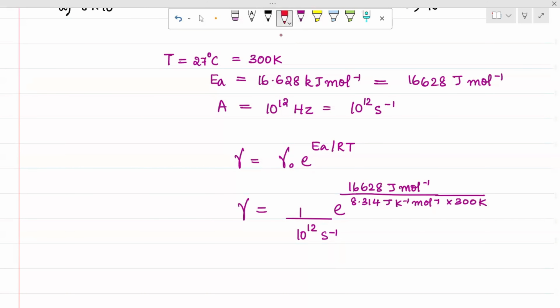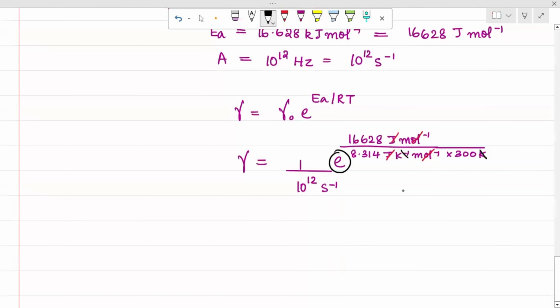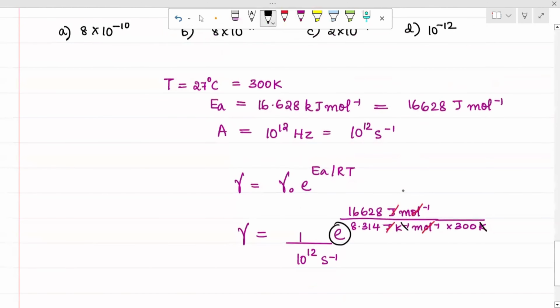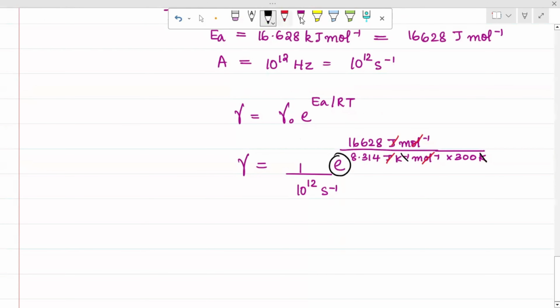So now you can see joules get cancelled, per mole gets cancelled, and this per Kelvin also gets cancelled. So the exponential factor over here becomes unitless. So when you solve this, you will get it around 785.77, the exponential term, into this comes to the top and it becomes 10 to the power minus 12.